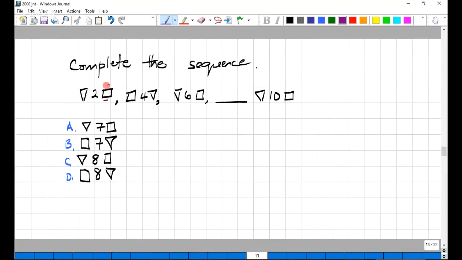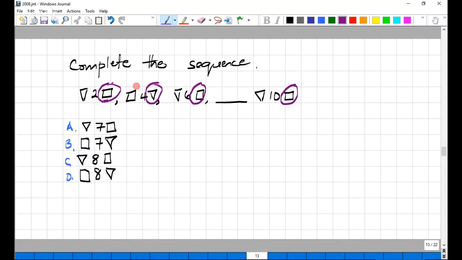Look at the ending. This one ends with a triangle, this one ends with a square, this one ends with a square. So can we use that?